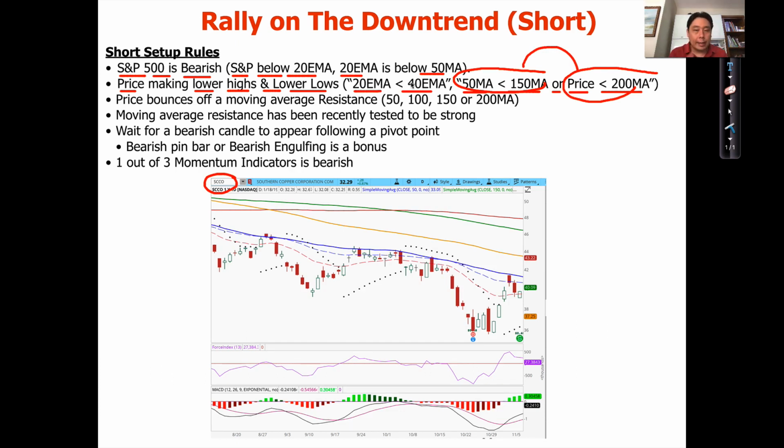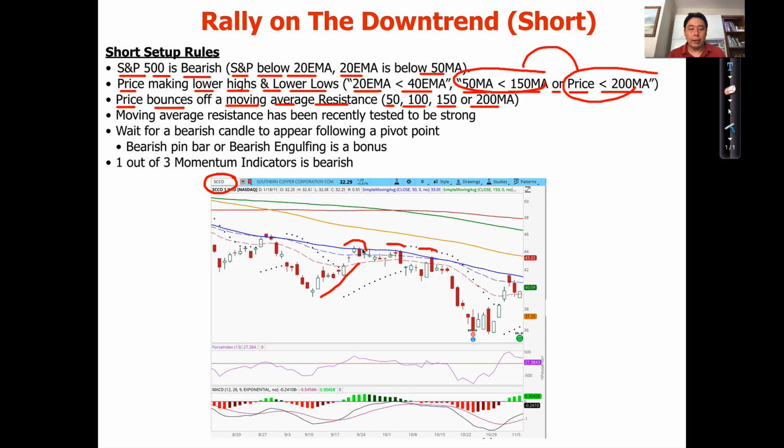Once we've got a clear downtrend, we are looking for the price to rally and to bounce off a moving average resistance. So we want to see it finding resistance at one of the simple moving averages, the 50, 100, 150, or 200. In this case, you can see the price rallying and finding the resistance at the 50 moving average, right?